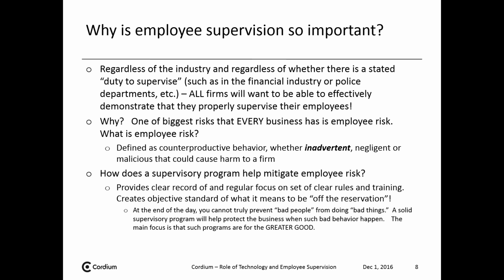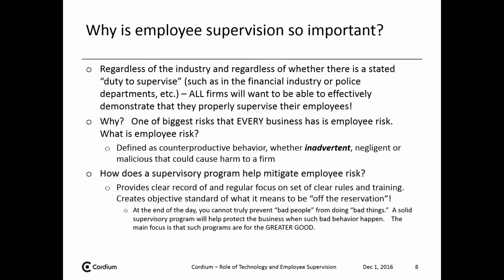So from a high-level perspective, how does a supervisory program that's working well help mitigate employee risk? I think in the big picture, it's providing a clear record of and a regular focus on a set of clear rules, which can include training and policies and procedures and follow-through. And I'm using this term a couple of times, and those of you who are either clients of the firm or have met me at one time or another, I tend to use this term a lot.